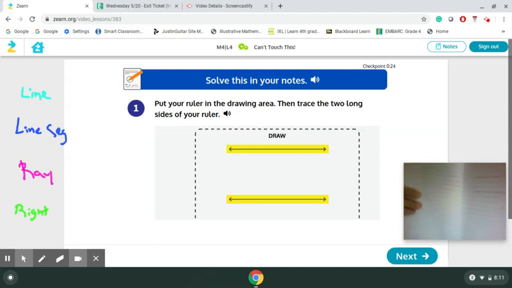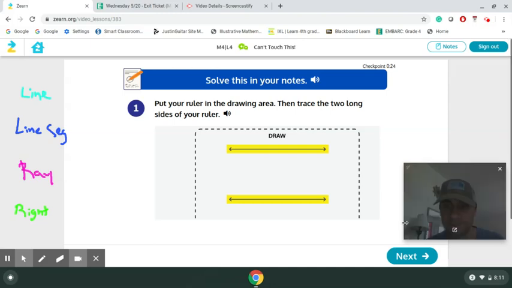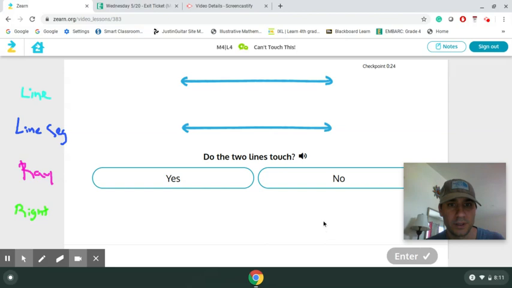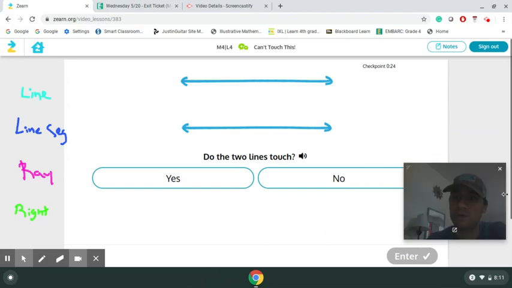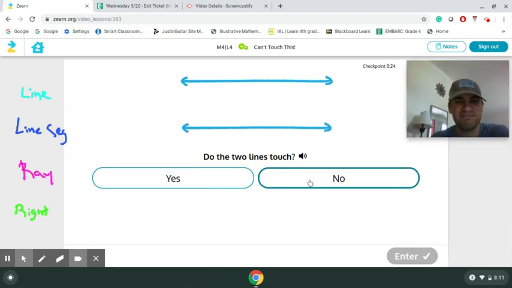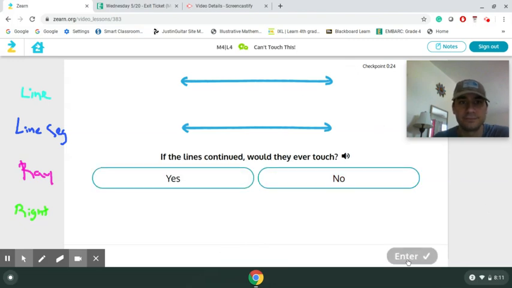Check it out. How do they look? Do they look straight? I think they do. All right, go ahead and make your own. And then we'll move on. Do the lines touch? What do we think? No. If the lines continued, would they ever touch?